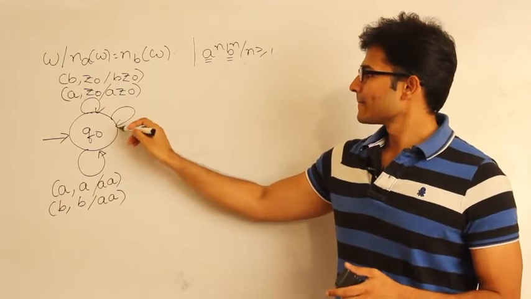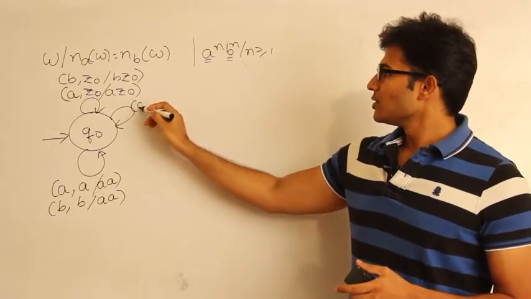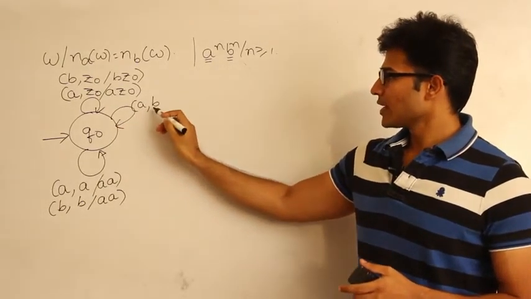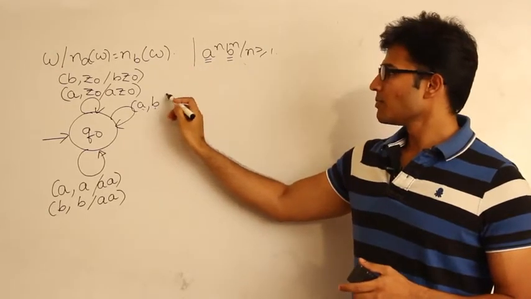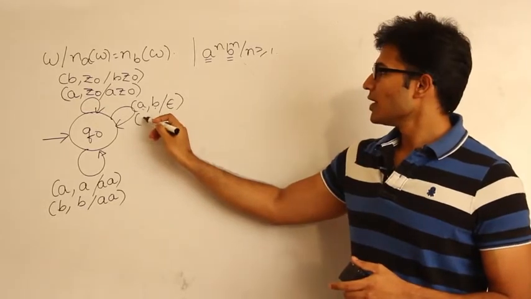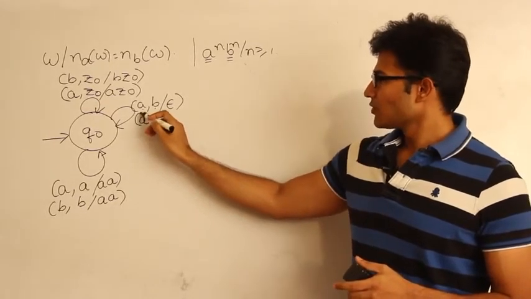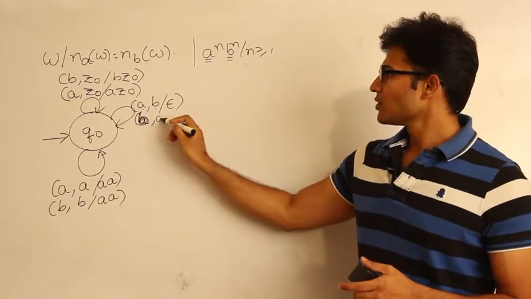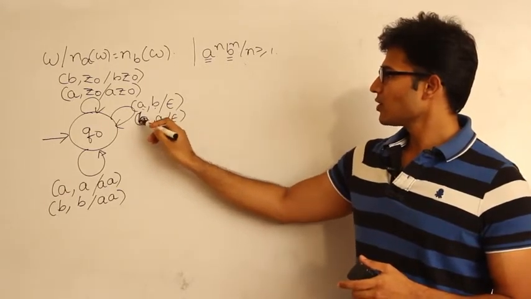Then if A is in the input and B is on top of the stack, this is a chance where you could match, then you are going to pop it off. Or if B is in the input and A is on top of the stack, this is the time when you are going to pop.